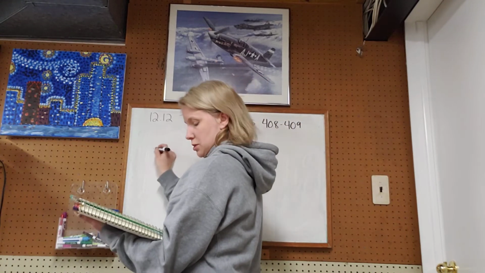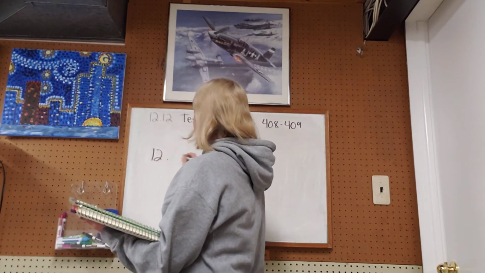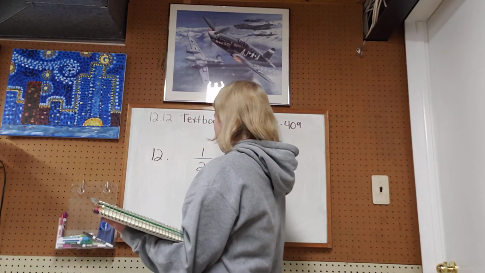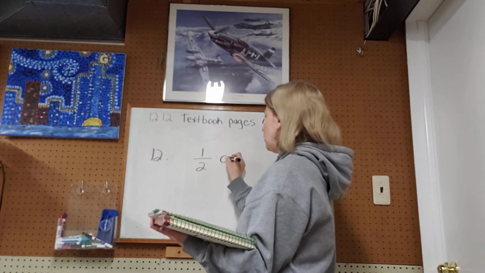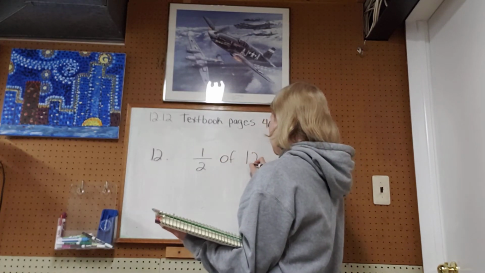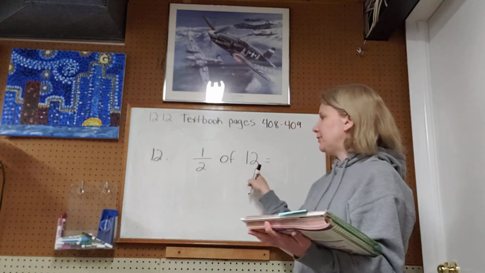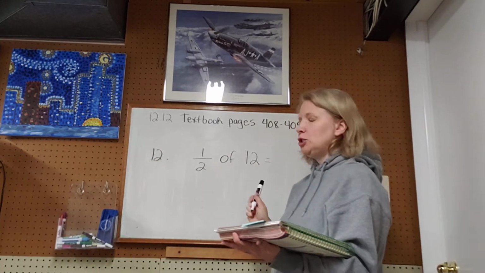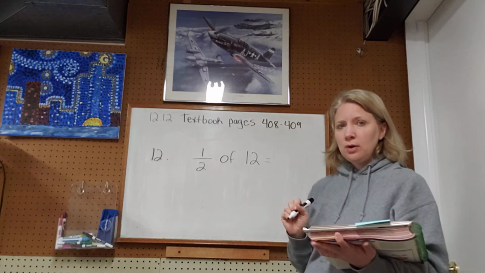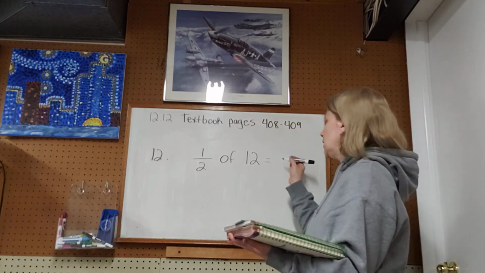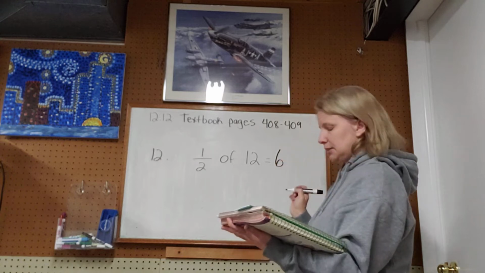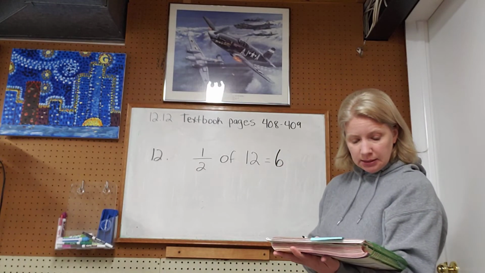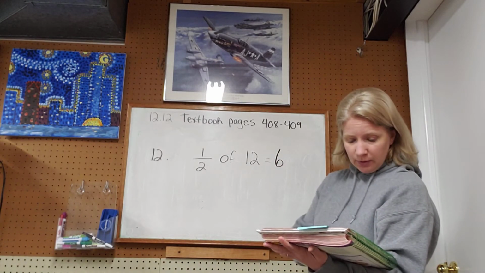And we want 1/2. He gave half of 12 because he had 12 cookies. So he gave half of 12 away. So remember, we say 12 divided by 2. We have 12 and we're dividing it into 2 groups. That would be 6.